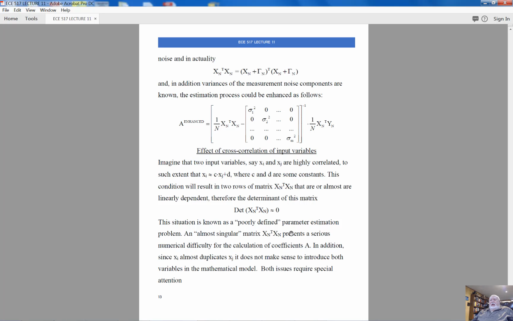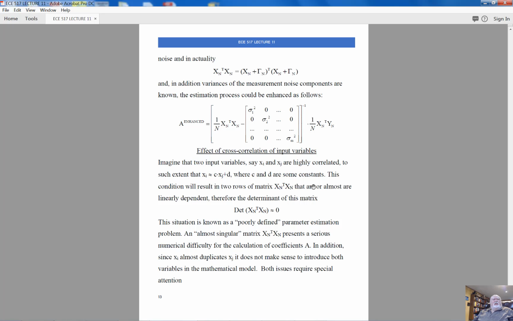This situation is known as a poorly defined parameter estimation problem. An almost singular matrix would present a serious numerical difficulty for calculation of unknown coefficients. In addition, since x is almost the same as y, there will be significant confusion in the parameter estimation problem, in the configuration of the model.